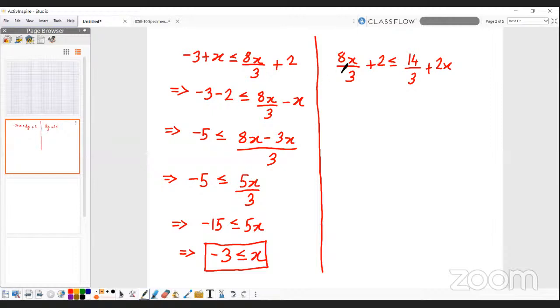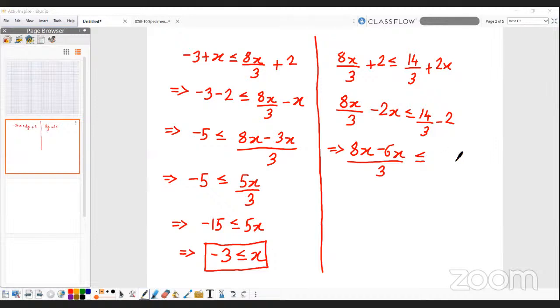Same, let's solve the second. This will give us 8x upon 3 minus 2x less than equal to 14 upon 3 minus 2. So 8x minus 6x upon 3 less than equal to 14 minus 6 upon 3.